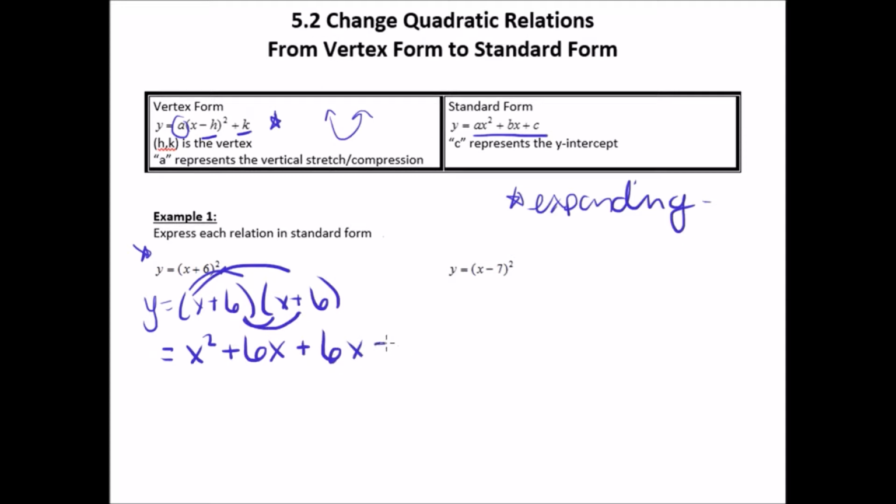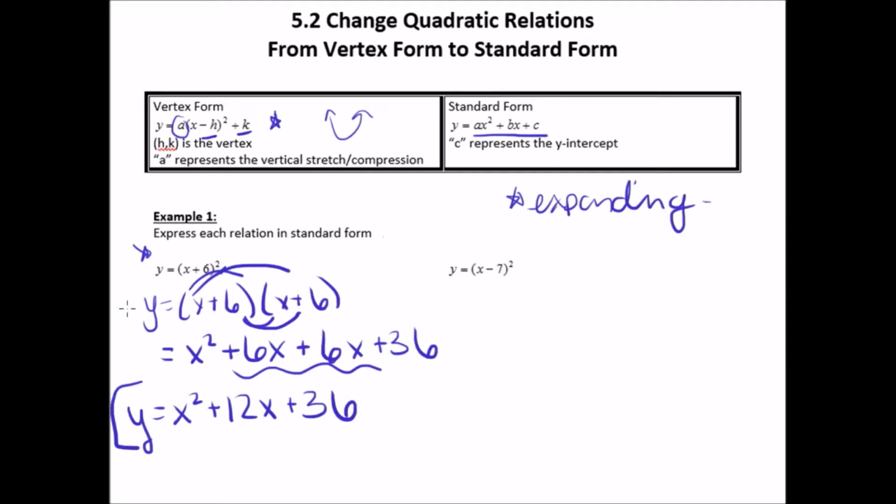And 6 times 6 is 36. And then we're just going to collect those like terms. So this is the same expression as the original, but one is in vertex form and one is in standard form.